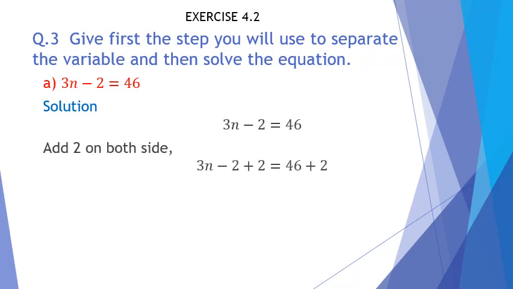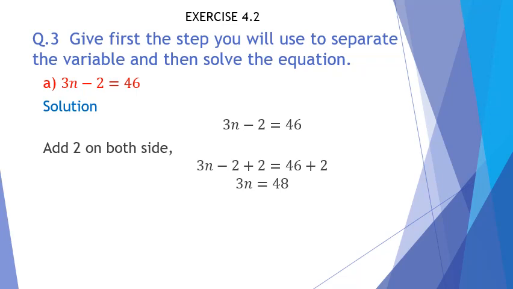So we get 3n minus 2 plus 2 equal to 46 plus 2. After cancelling minus 2 and plus 2, LHS becomes 3n and RHS becomes 48. Now we have to separate 3 from n. Here 3 is multiplied with n.